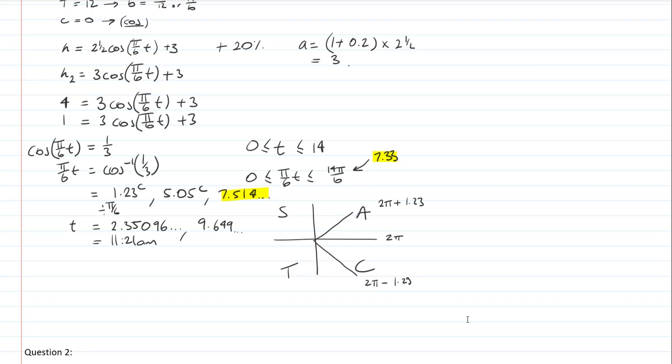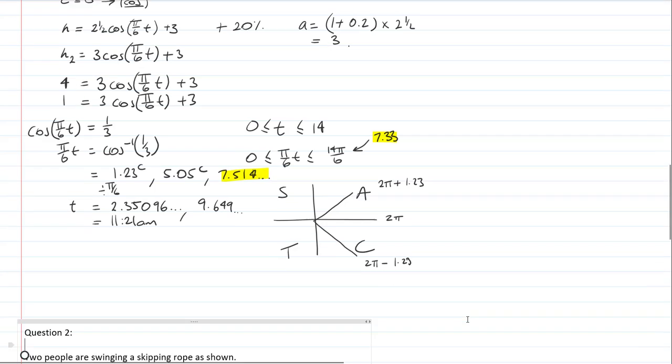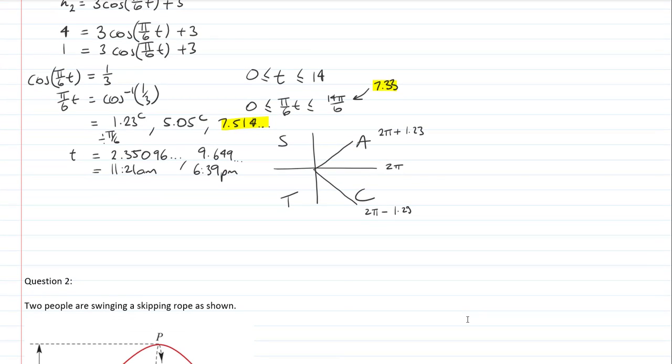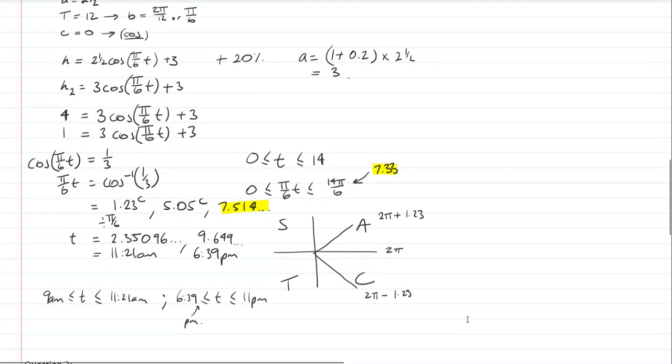I multiply that now by 60 to work out the number of minutes, and that gives me 38.94, so we'll go 39. 6:39 PM, which means that it can enter where t is greater than 9 AM but less than 11:21 AM, or where t is greater than 6:39 but less than, and remember we only went to 11 PM, and that should have a little PM in there, of course.